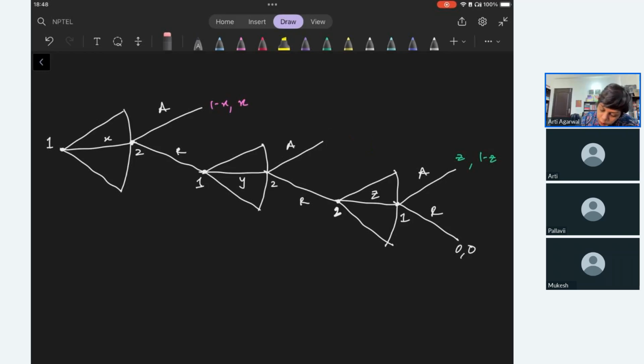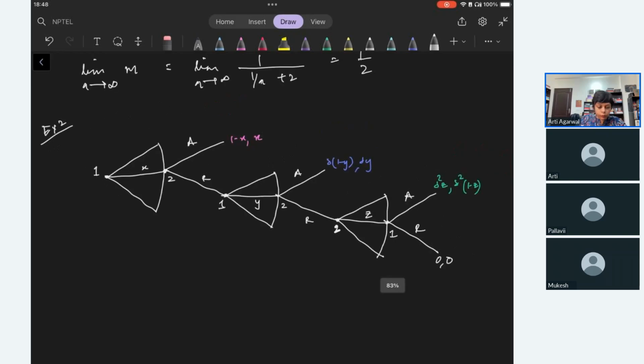Delta into 1 minus Y comma delta Y, right? And this is delta squared Z and delta squared 1 minus Z. So far, so good, I hope.